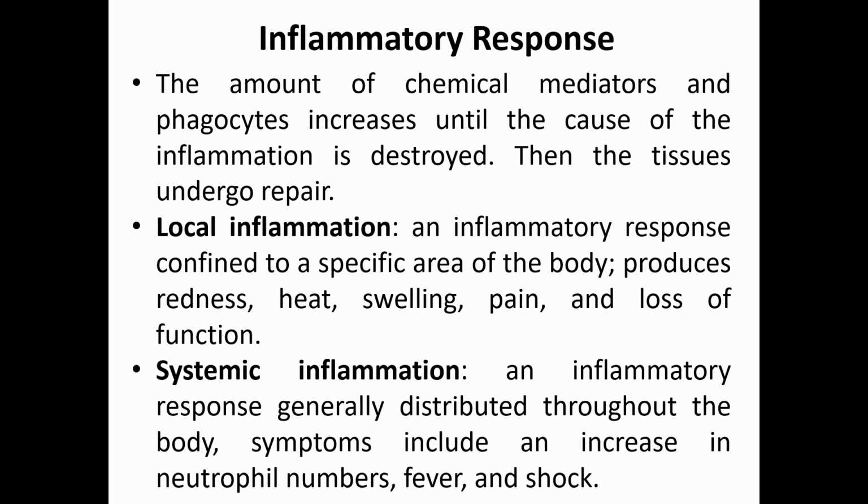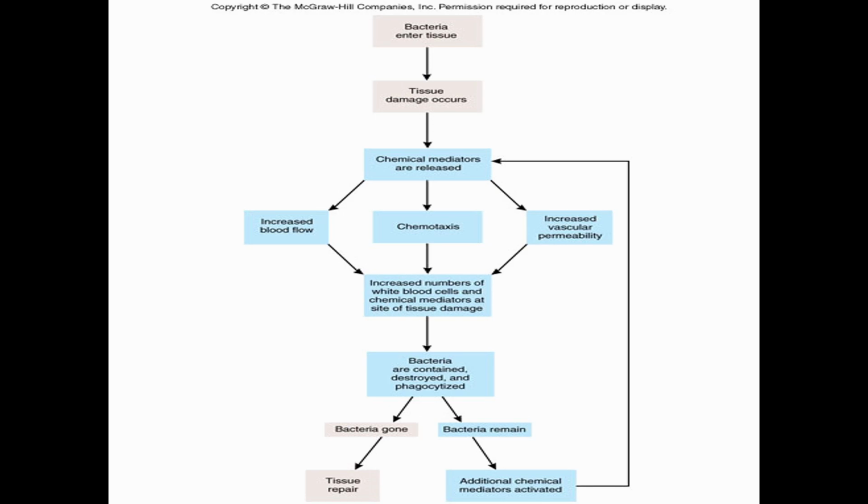So sometimes, when you encounter a very strong allergic response, it causes systemic inflammation, and one of those is anaphylaxis or anaphylactic shock, in which your body will actually decrease your blood pumping capacity. So this is the diagram of how inflammation occurs together with how your body fights the invading organism.